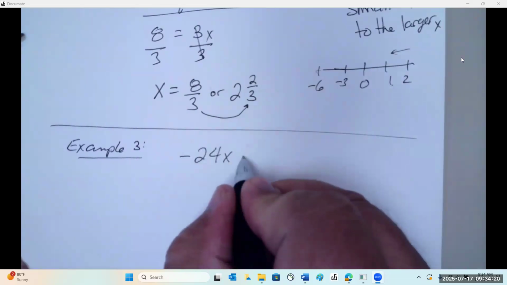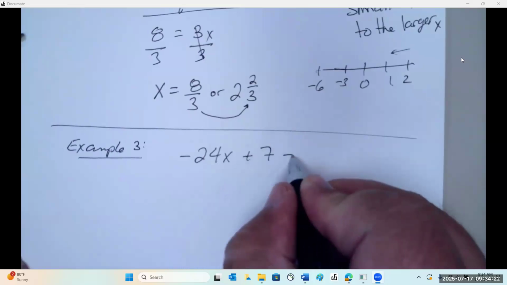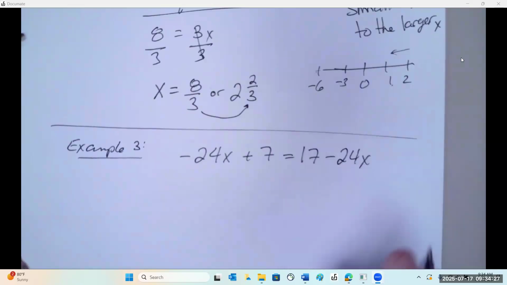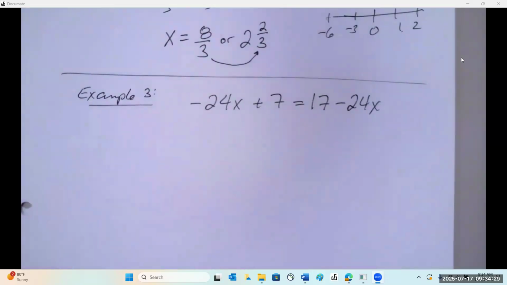Negative 24x plus 7 equals 17 minus 24x. My first step is what?